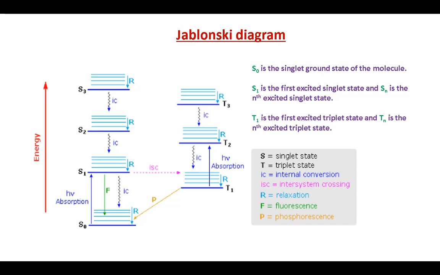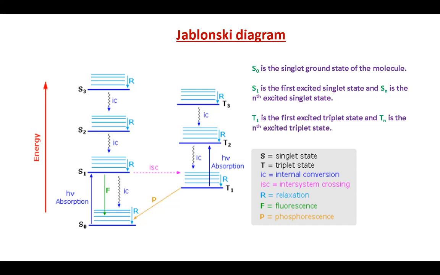The first transition in Jablonski diagrams is the absorbance of a photon of a particular energy by the molecule, and this is indicated by a straight arrow pointing up. Absorbance is the method by which an electron is excited from a lower energy level to a higher energy level.